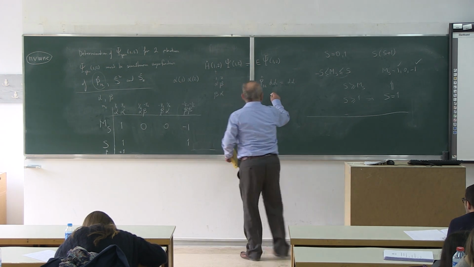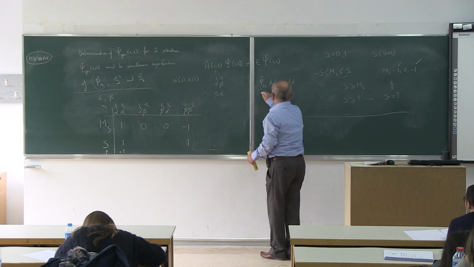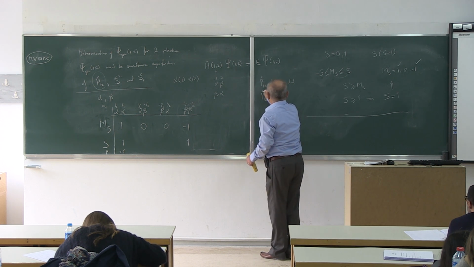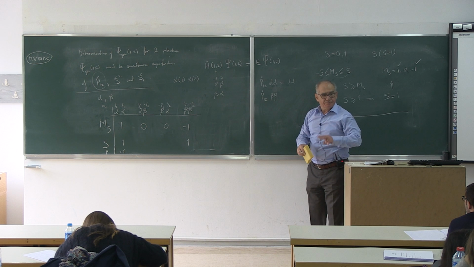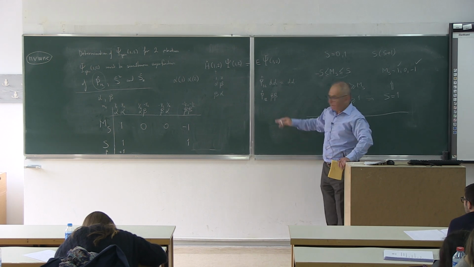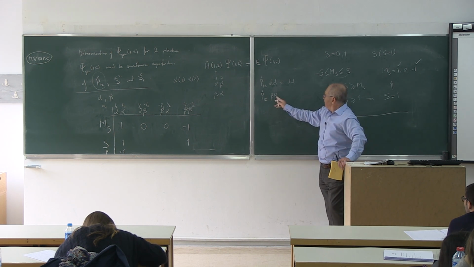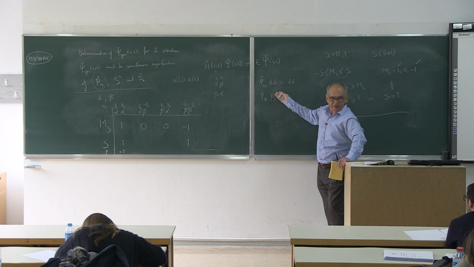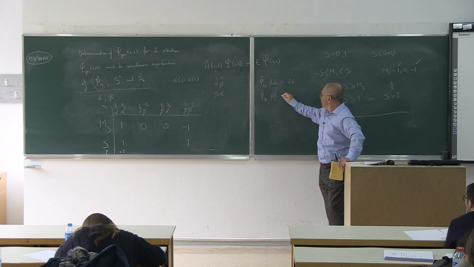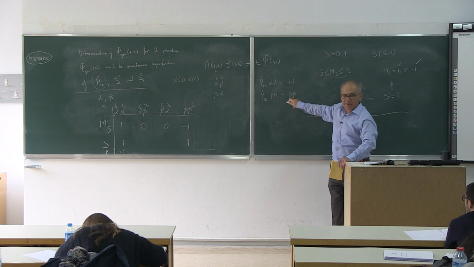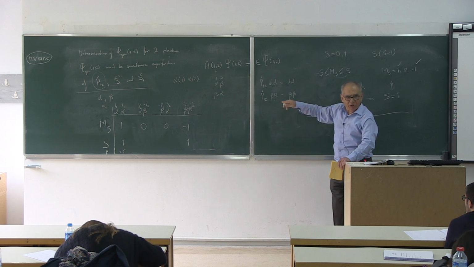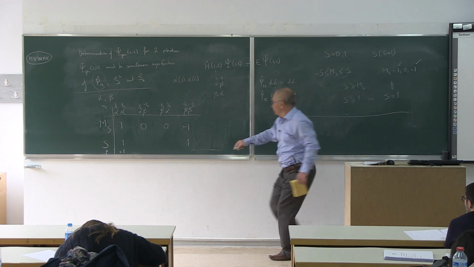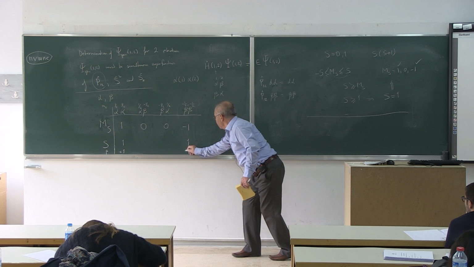Similarly, beta times beta. Is it an eigenfunction of the spin exchange operator? Exchange the spin variable of this factor with the spin variable of that factor. You get the same thing, isn't it? So this is also symmetric, beta times beta, with respect to spin exchange. So we can write plus 1 here.